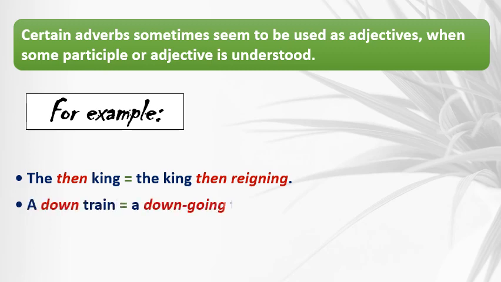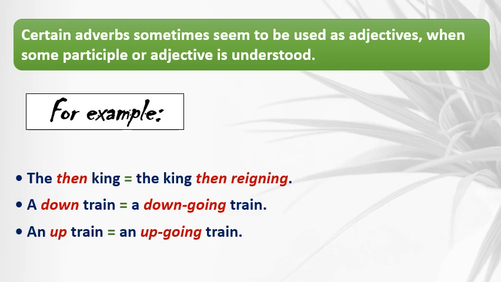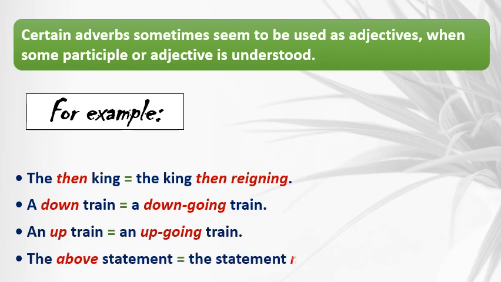A down train means a downgoing train. An up train means an upgoing train. The above statements means the statements made above. So as we can see, some adverbs seem to be used as adjectives in the sentences.